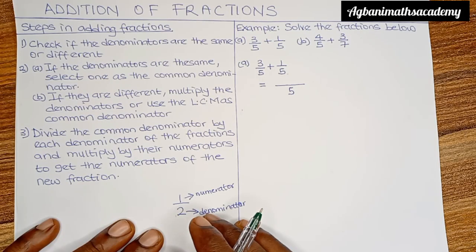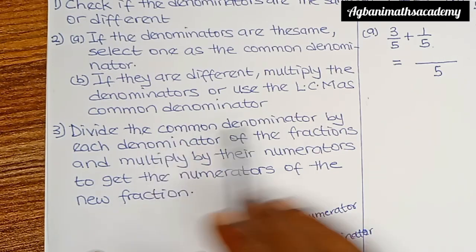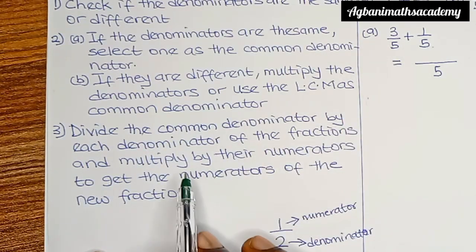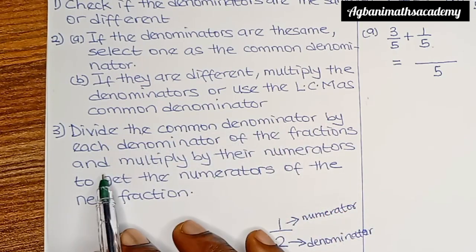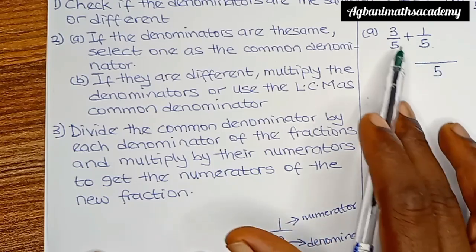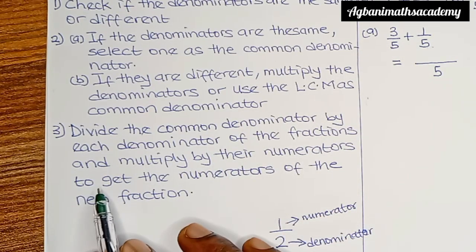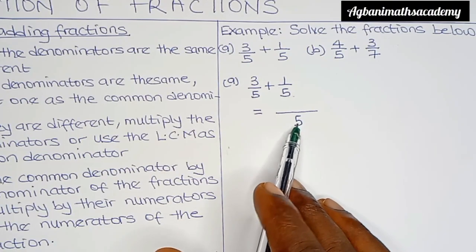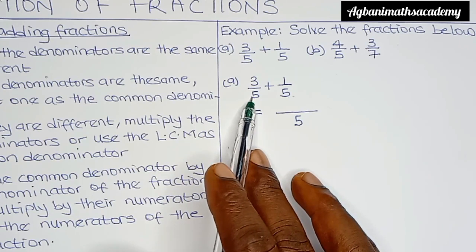And then step 3 says, divide the common denominator by each denominator. So 5 divided by 5 will give us 1. And what does it say next? Multiply by their numerators to get the numerators of the new fraction. So 5 divided by 5 is going to give us 1, and then we multiply by the numerator.